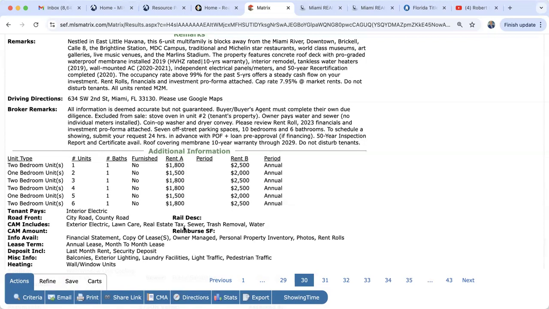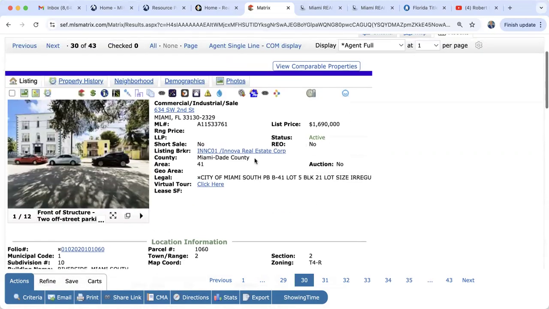We're looking at 10,200 times 12. That's 122,400. Once again, at 1.690, that's pretty decent. If I were to run the numbers with the expenses and everything, you're probably looking at a 6% return. All right, it's a great investment when you can get 6% returns on a property like this.